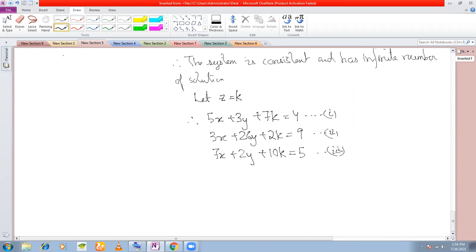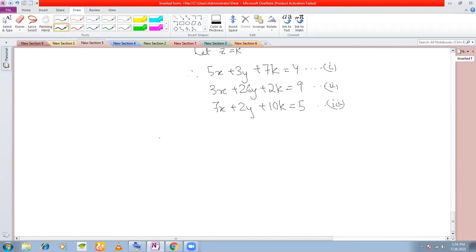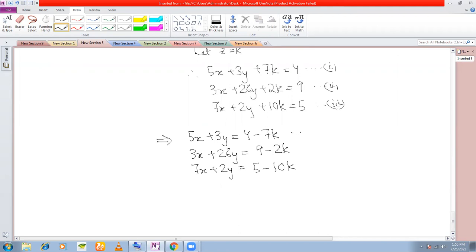which now can be written in terms of simultaneous equations in x and y. Okay, call this 4, 5, and call this 6.